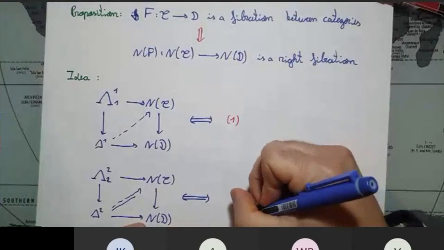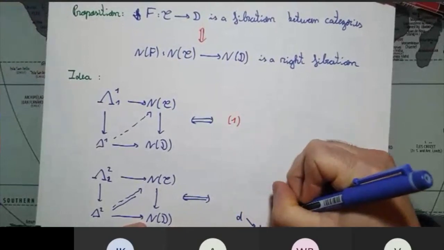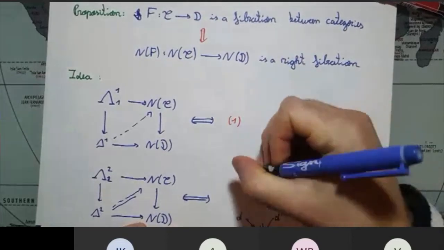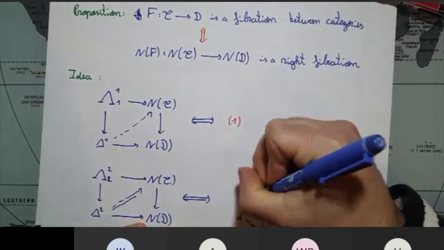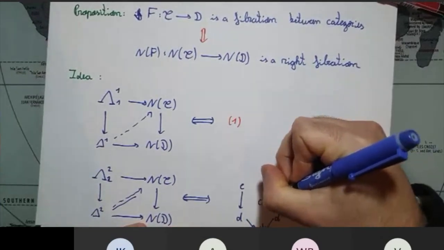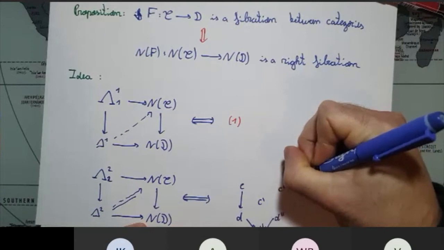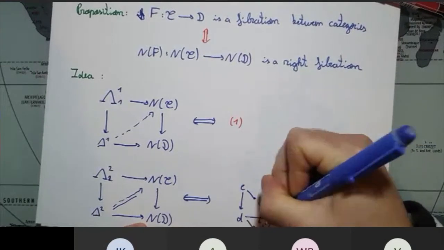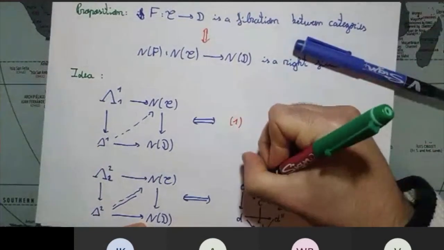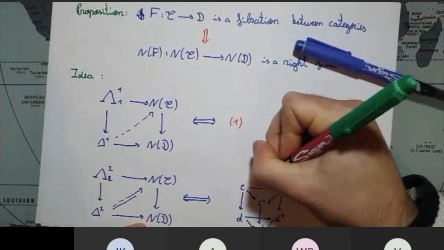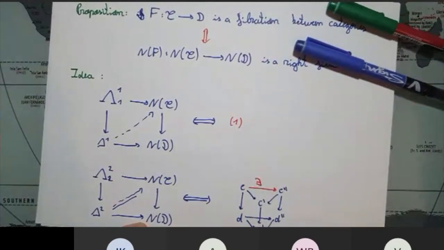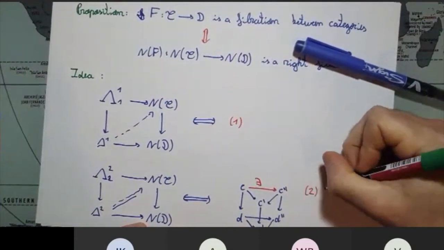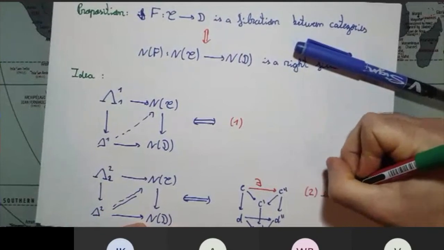It says precisely that if we have a diagram like this, then we can fill this. So this is the same as condition 2 of the definition of fibration, but only the existence.